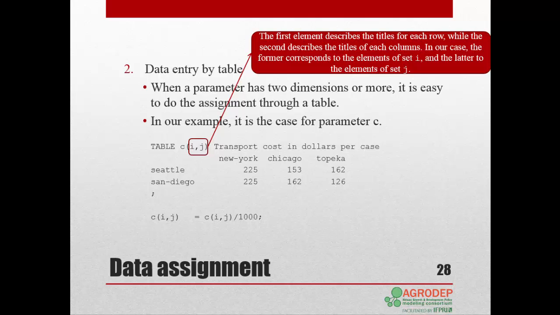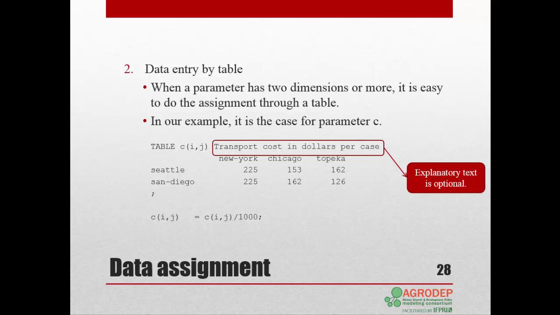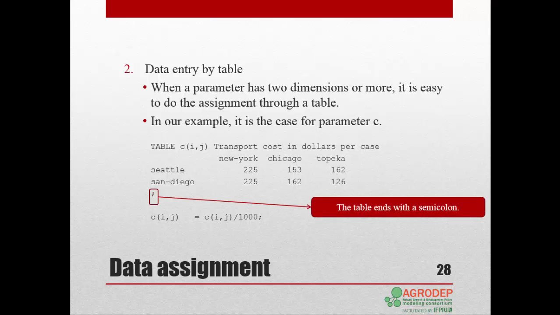The first set represents the rows and the second set represents the columns of the table. So in our example, the row titles are the elements of I, the producing plants, and the column titles are the elements of j, the markets. Explanatory text can follow the name of the table, and as usual, a semicolon signals the end of the table statement.